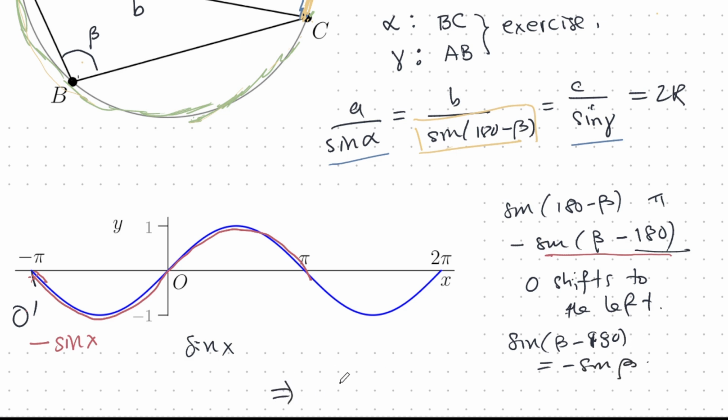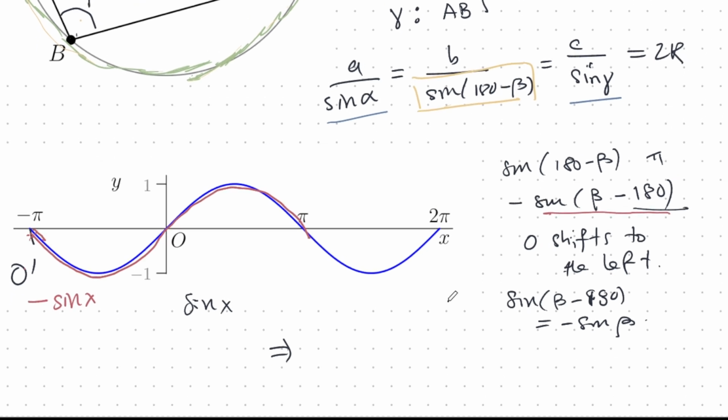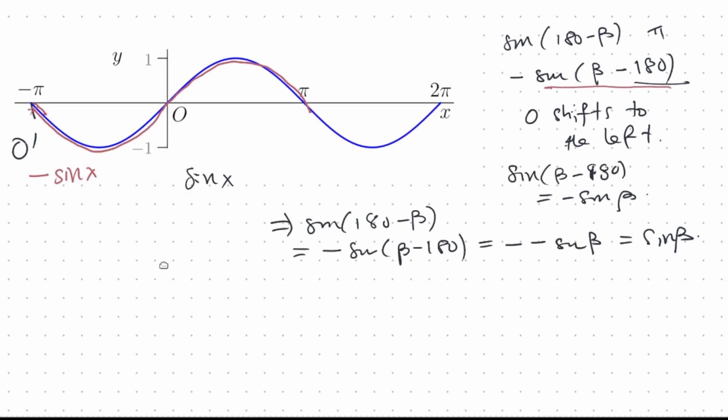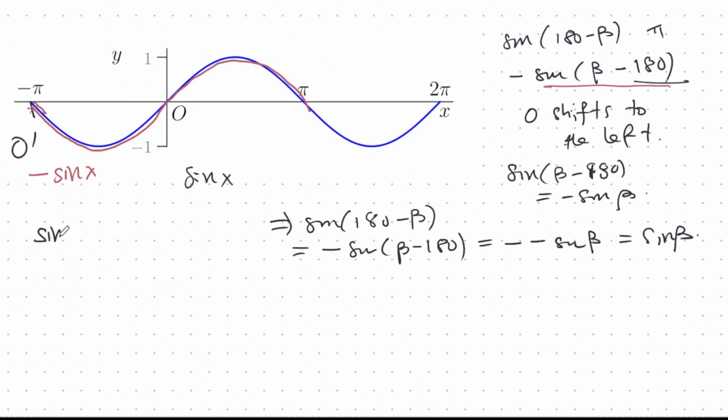And this implies that sine 180 minus beta is minus sine of beta minus 180, but this is minus sine beta, and that's sine beta. So yeah, it's true. Let's write it nice and neat over here. So sine 180 minus beta is sine beta.